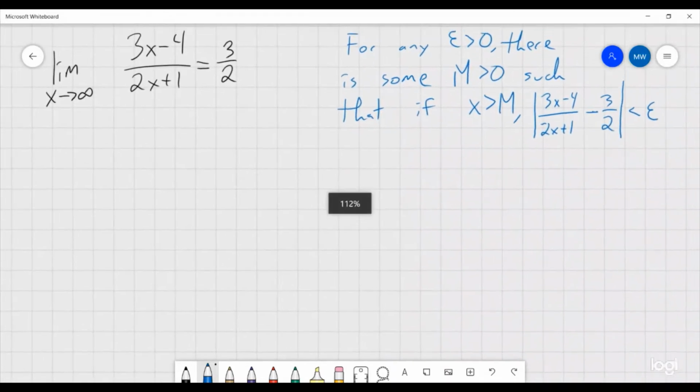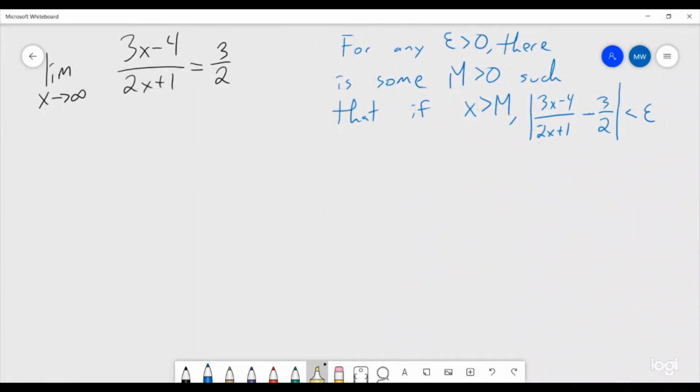So that is what we are going to have to be working on to show, and we are going to start with this to figure out what M would need to be.